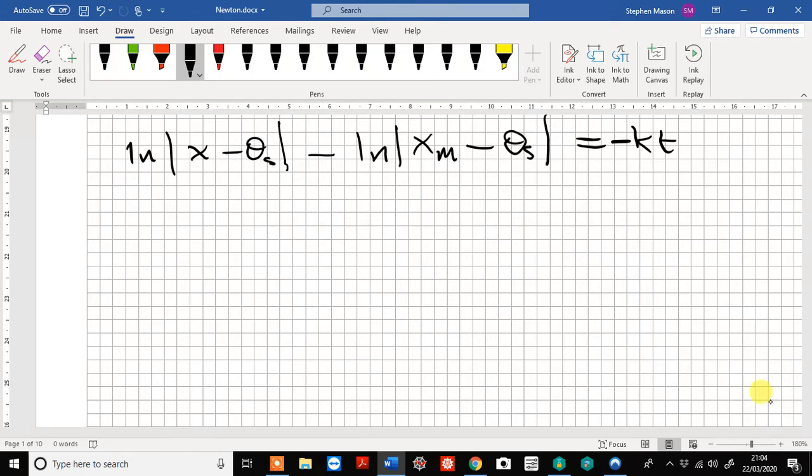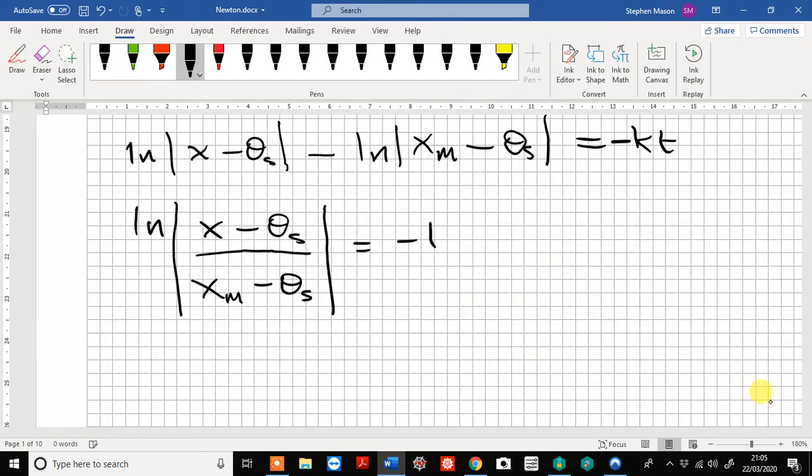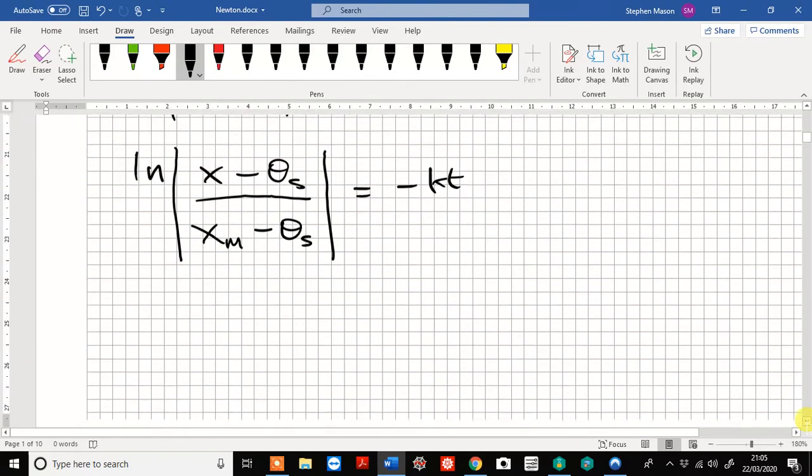Now, the left-hand side can be rewritten as the log of x minus theta s, all divided by x m minus theta s. Put the modulus signs in, equals minus kt. So what do we do now?